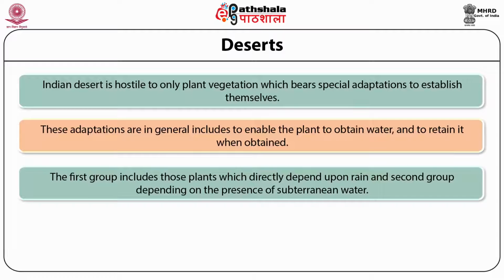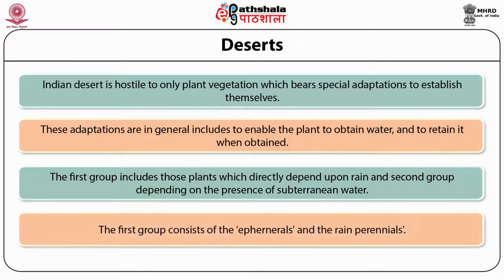The first group includes those plants which directly depend upon rain, and the second group depends on the presence of subterranean water. The first group consists of ephemerals and the rain perennials.